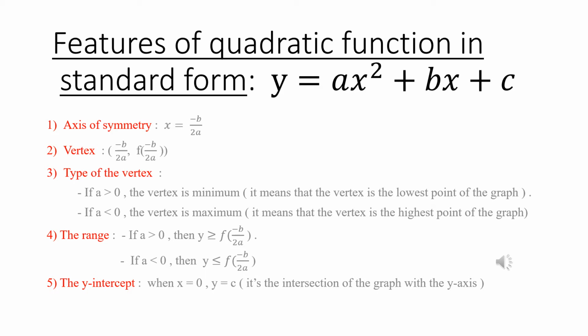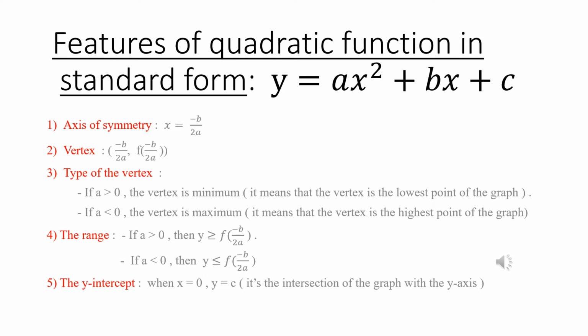The range. The range of a function is the set of values of y that verifies this function. So when a is positive, then the graph opens upward, so we have a minimum point.